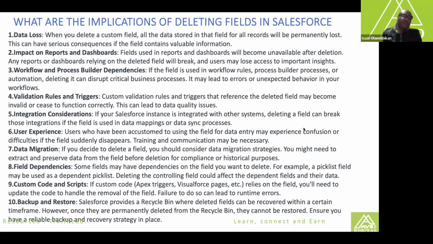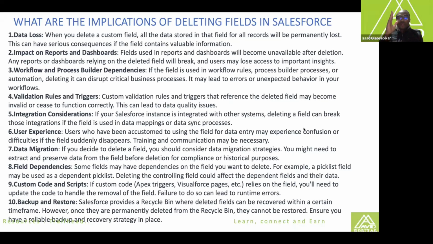Now, when we were building that validation rule, what did we do? We actually used the end date with some other operations and functions to build the validation rule. What if one now deletes the end date? What's going to be the impact? That means that validation rule will be invalid immediately. It's not going to trigger any longer.